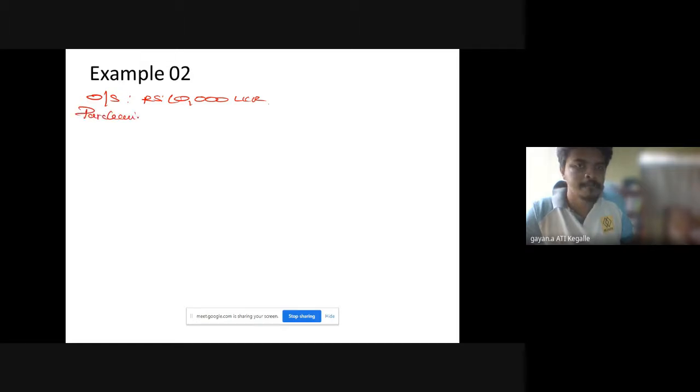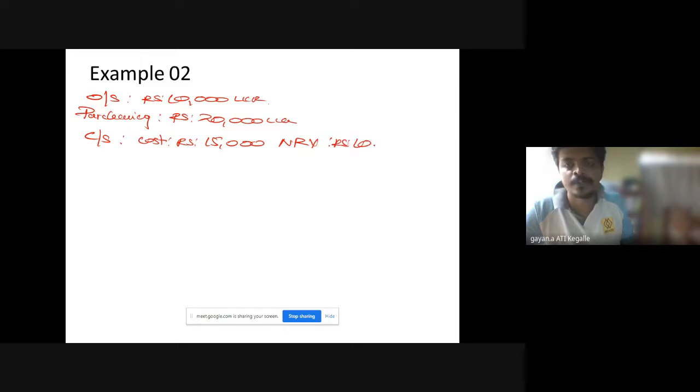Purchasing rupees 20,000. Closing stock cost rupees 15,000. Net realizable value rupees 10,000.